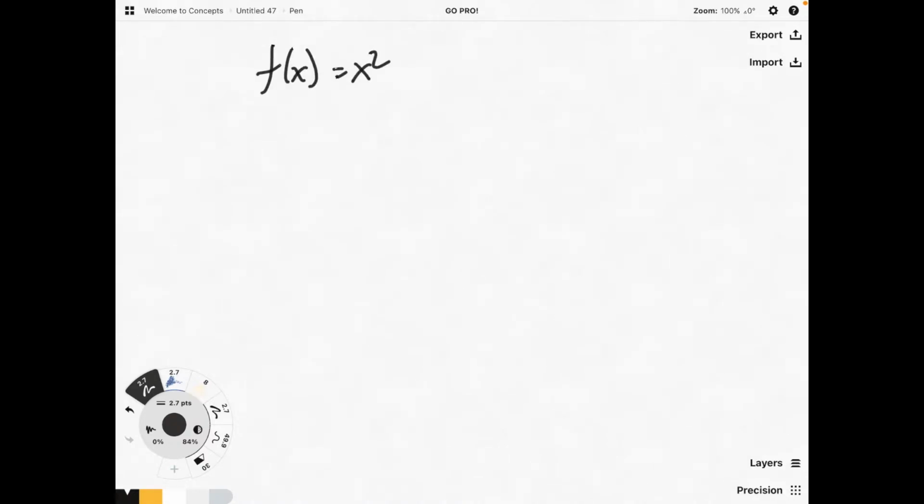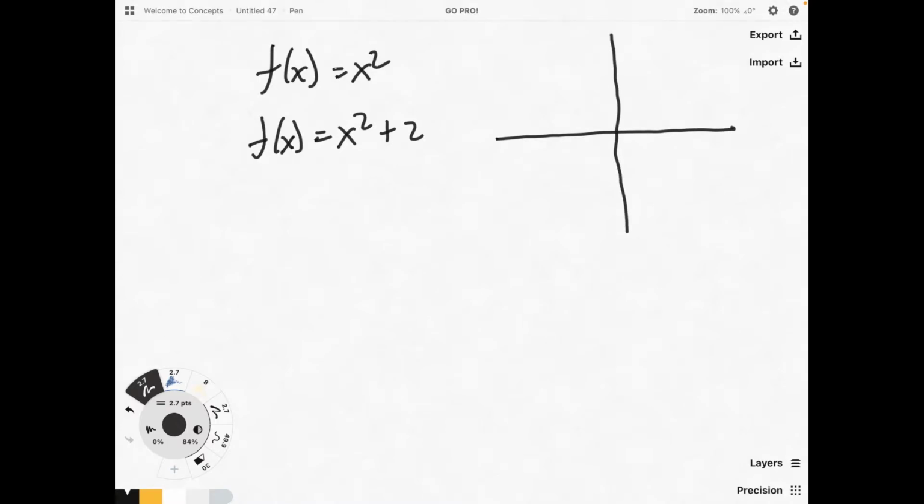Say you had the function f of x equals x squared, and you wanted to vertically shift it up 2. Then what we would need to do is just add that constant to the function. So for an upward shift, we would have f of x equals x squared plus 2. If we look at a graph, x squared is our original function, so we will draw that out.